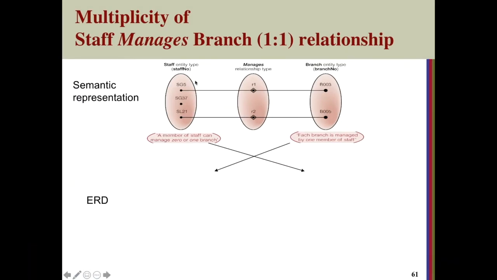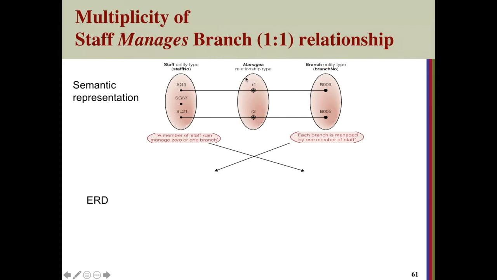This is our picture from the last slide. This is called semantic representation. We have to make an ER diagram. How do we make an ER diagram? What is this entity name? Staff. What is this entity name? Branch.